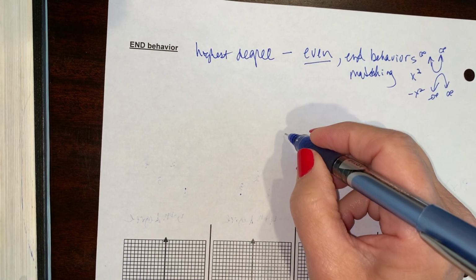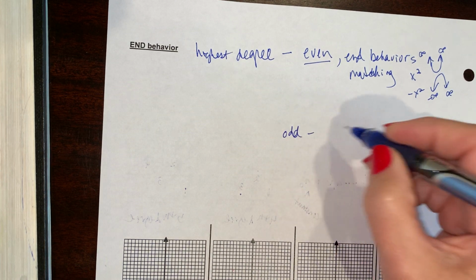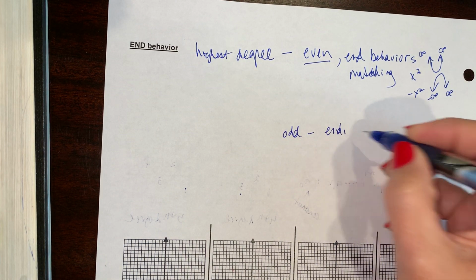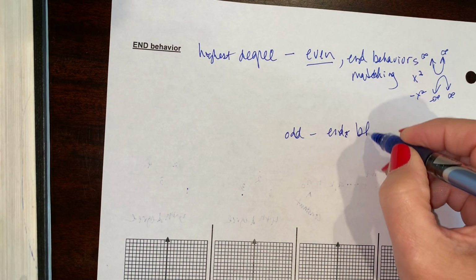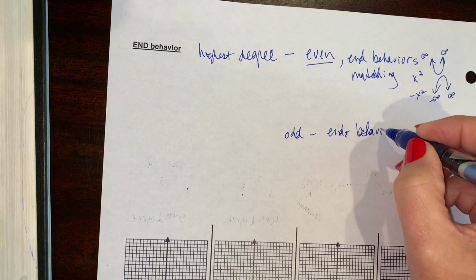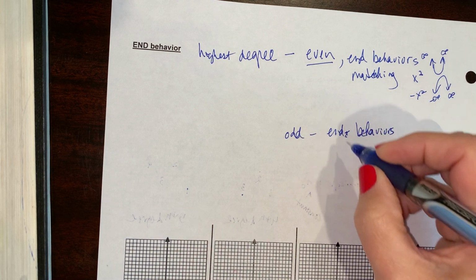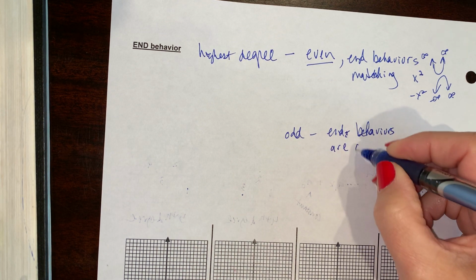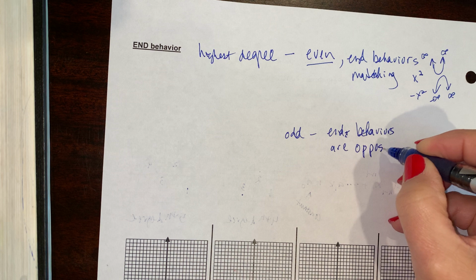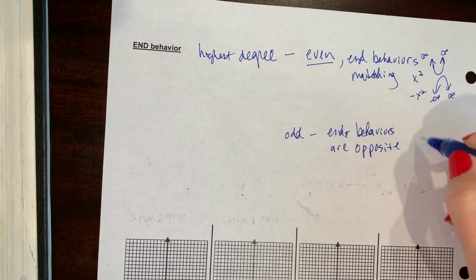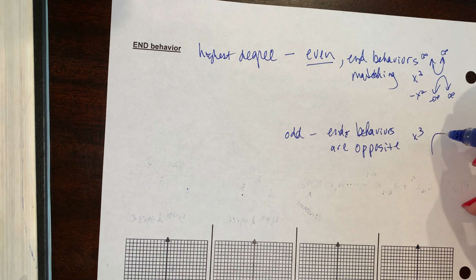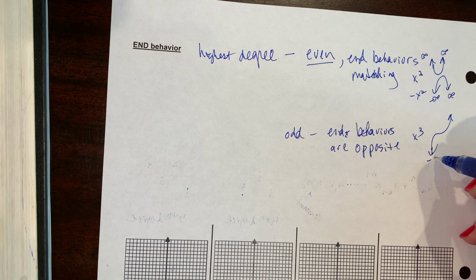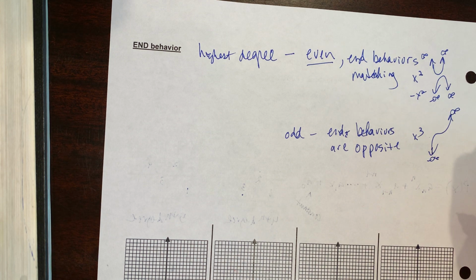Okay, if the highest degree is odd, then the end behaviors are opposite. For example, if I had x to the third, that's some sort of cubic. This end is going to negative infinity and this end's going to positive infinity.